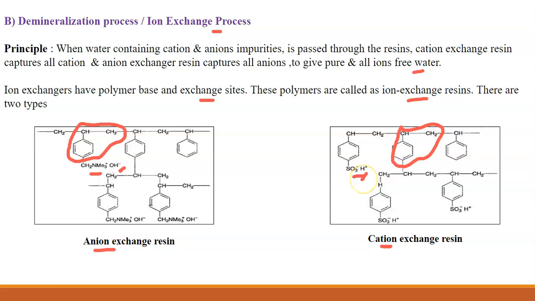It can be either a sulfonic acid group or a carboxylic acid group. So the anion exchange resin is going to exchange the anions with its hydroxyl ions, while the cation exchange resin is going to replace the cations present in water with the hydronium ion group, that is H plus. Let's have a look at the process for better understanding.